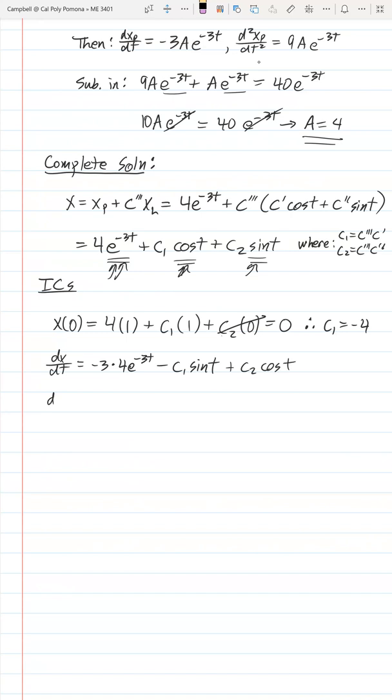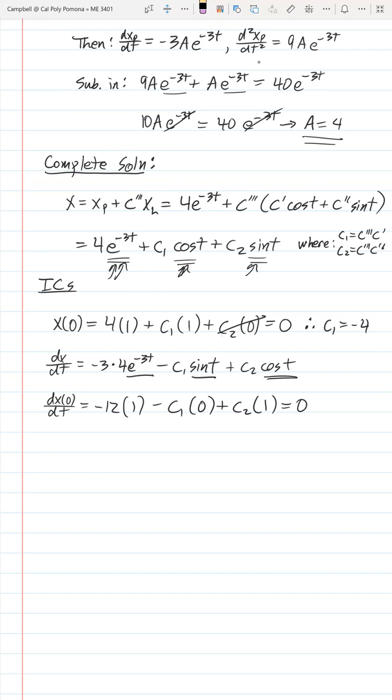Now plugging in t equals 0 for the initial value of the derivative, that's equal to negative 12 times, well, we plug in 0 here for t, we obviously just get a 1, minus, and here we plug in 0, sine is just going to be 0, C1 times 0. And here we plug in 0 for t, cosine just becomes 1, plus C2 times 1. And this whole thing is equal to 0.